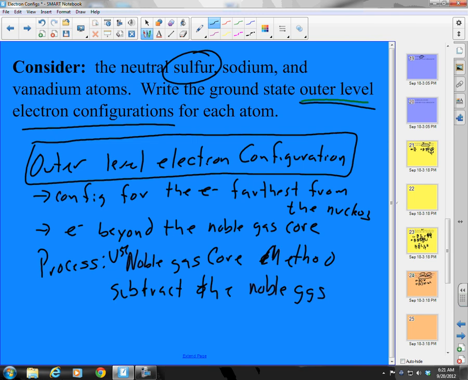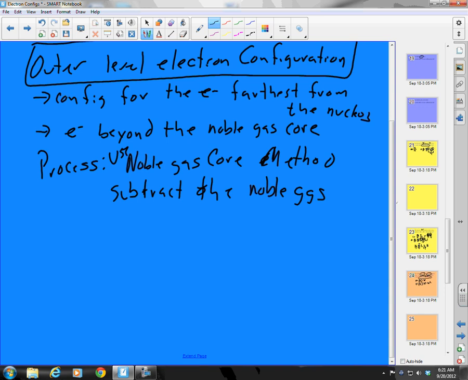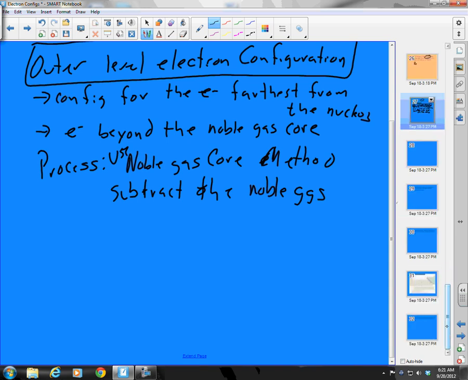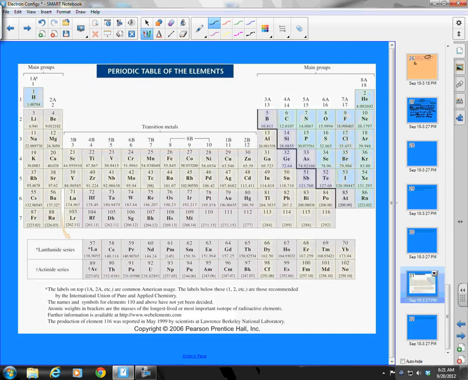So we want to do sulfur. Let's go to our periodic table. Here is sulfur. We want the noble gas core, so I am at electron 16. What is the noble gas prior to number 16? It's number 10, so I'm going to start off with neon.